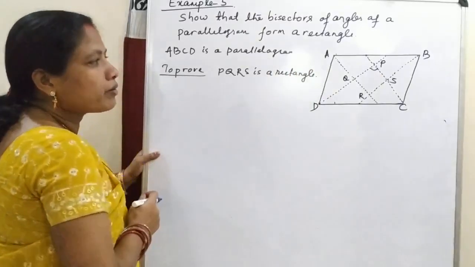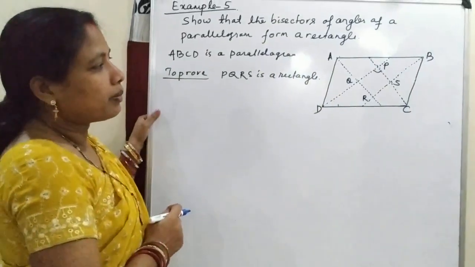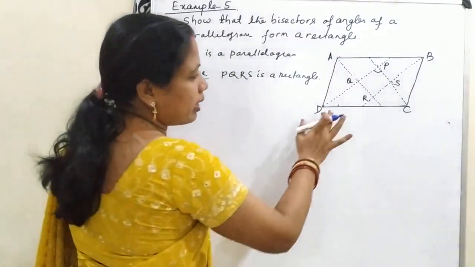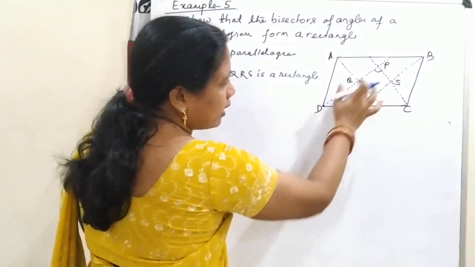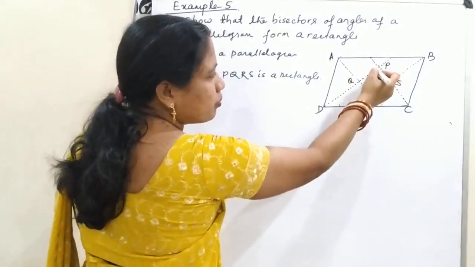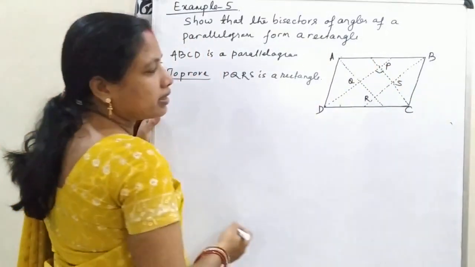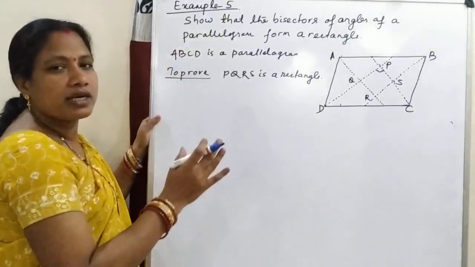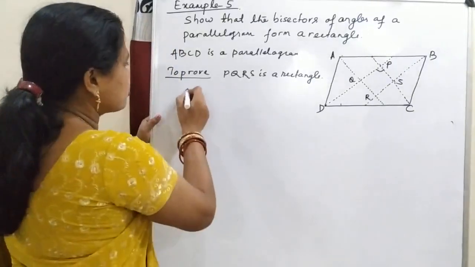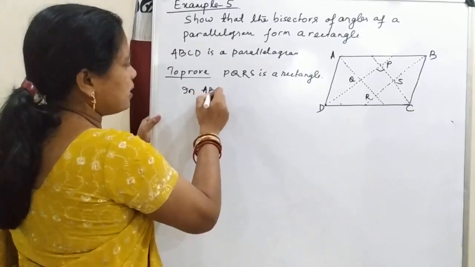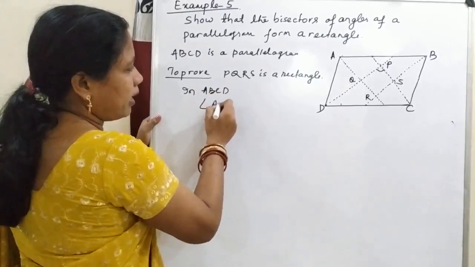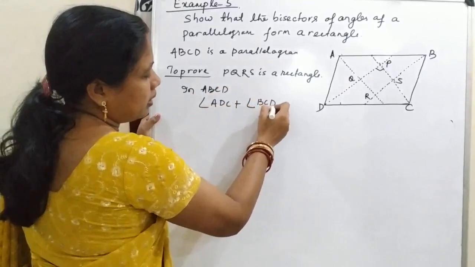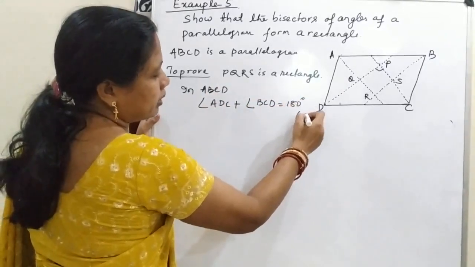To prove a quadrilateral is a rectangle, we have to prove each angle is 90 degrees. Here we will consider one triangle first. In triangle DPC, we have to prove angle DPC is 90 degrees. We know in a parallelogram the adjacent angles are supplementary. So in ABCD, angle ADC plus angle BCD is equal to 180 degrees.